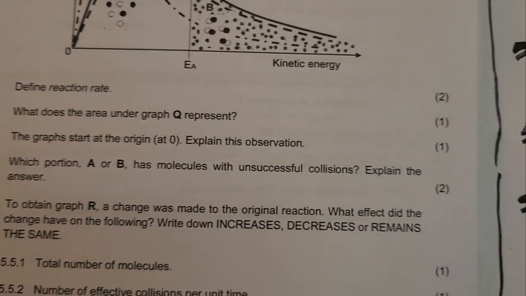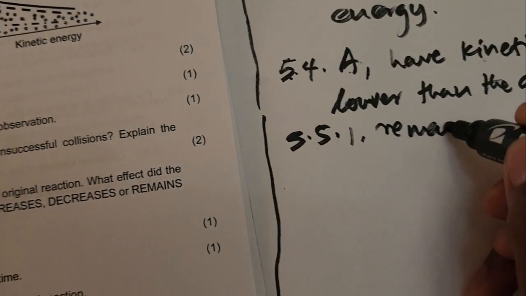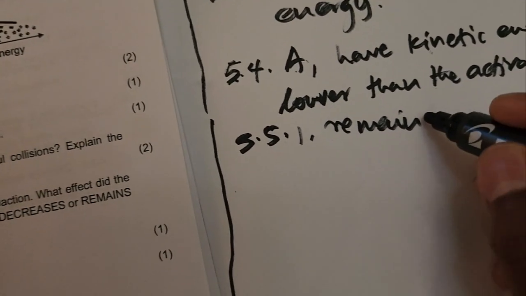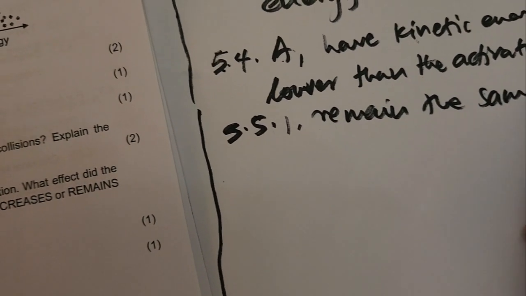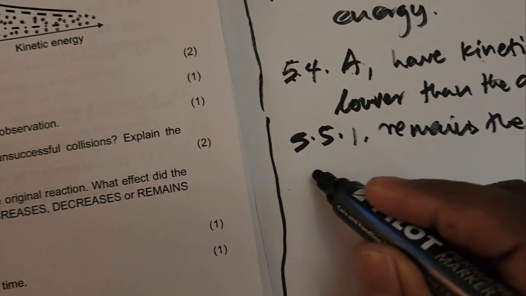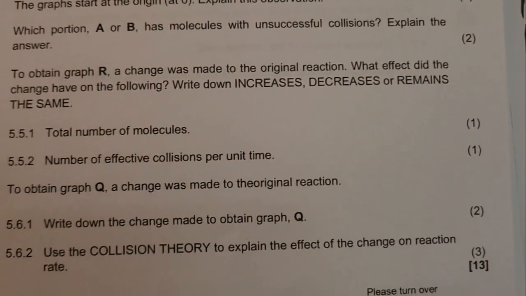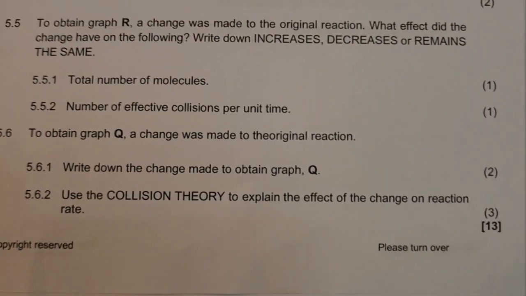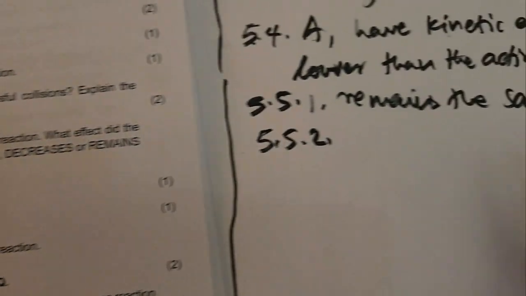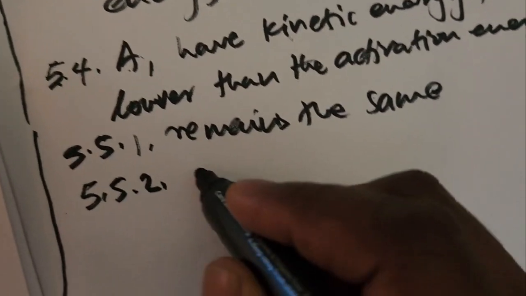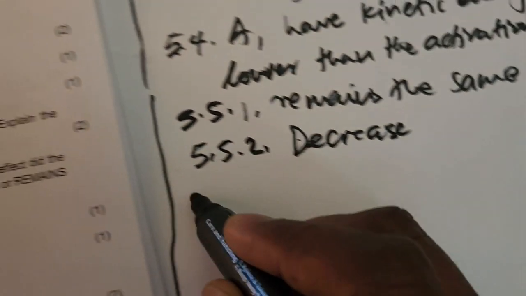The total number of molecules remains the same throughout. 5.5.2, the number of effective collisions per unit time. Once the temperature is lower, the number of effective collisions per unit time will decrease.